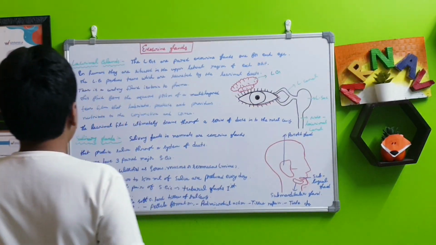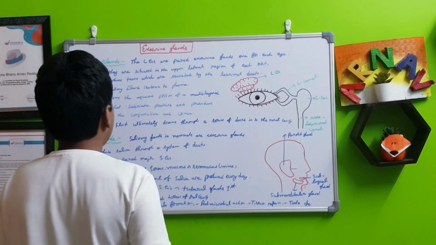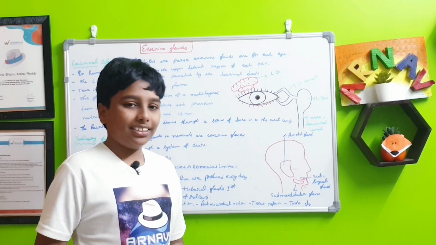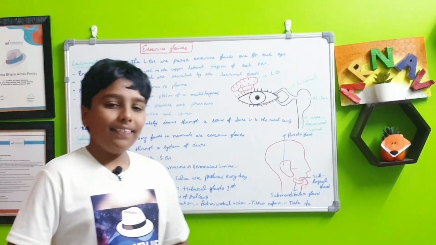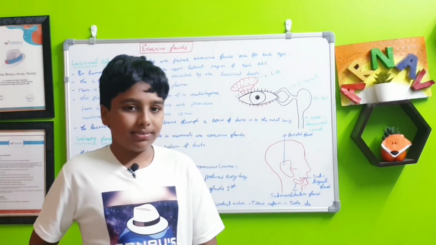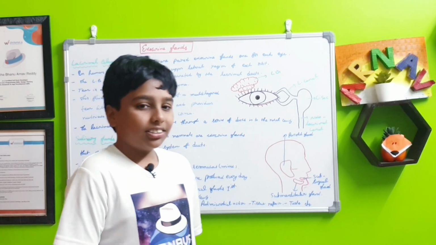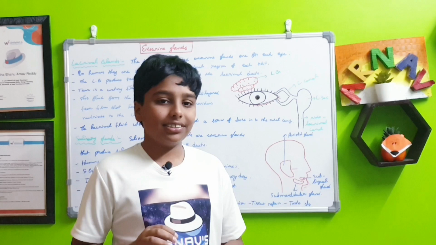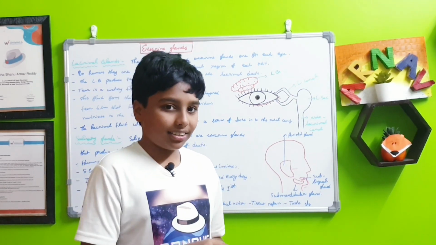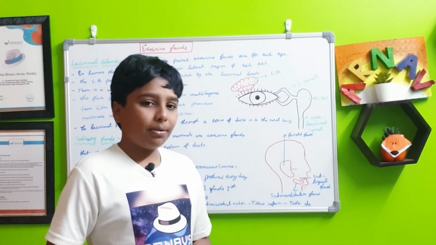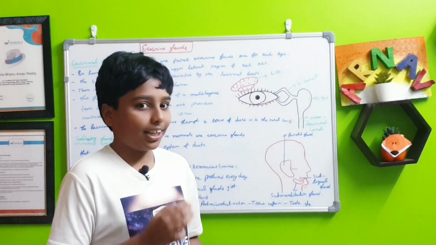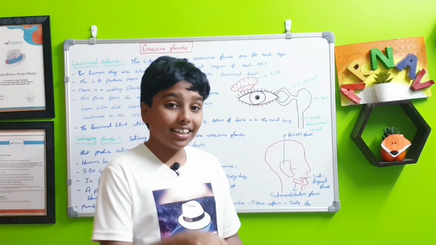The salivary glands can be classified as serous, mucous or seromucous, which is a mixing of both. Not only in the exocrine system, there are some types of glands. The serous glands produce a liquid that is like serum.